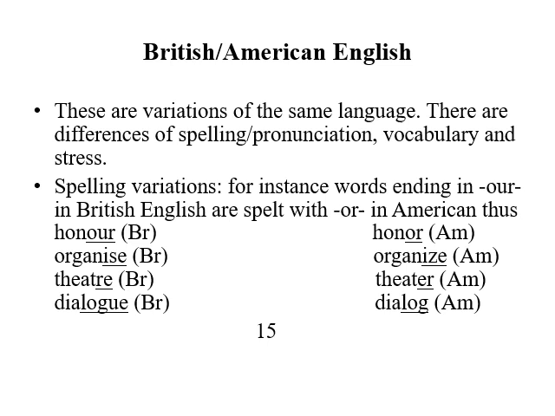So words ending in OUR in British English are spelled with OR in American English. Same sound, same pronunciation, different spelling, and it is the same in the word colour and color.